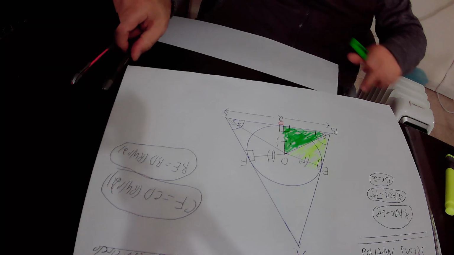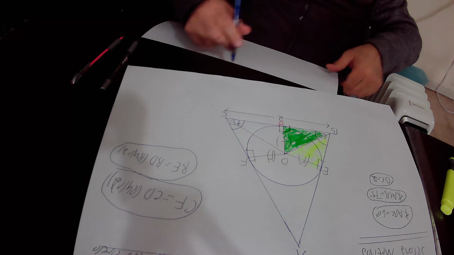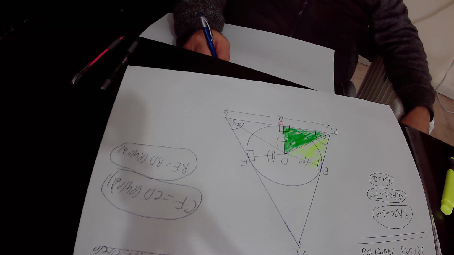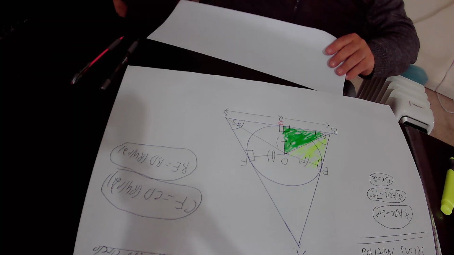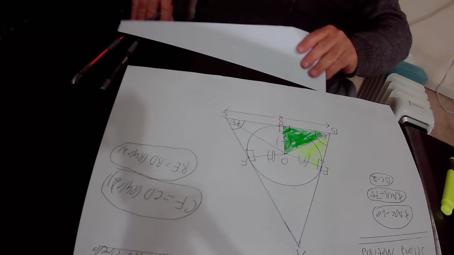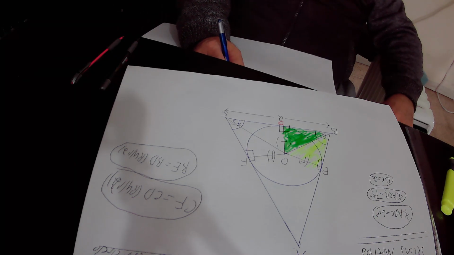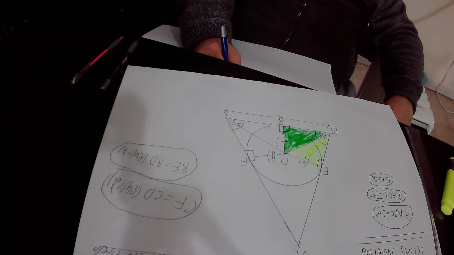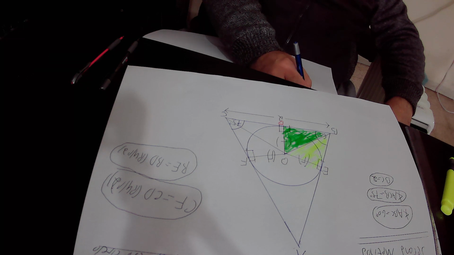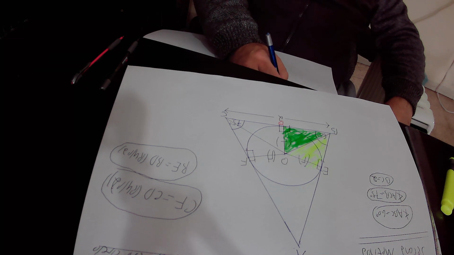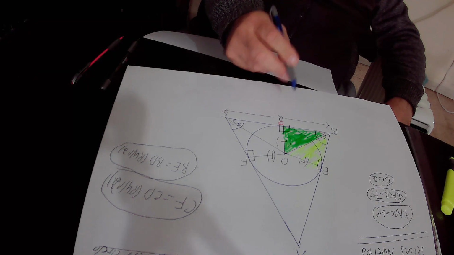We'll prove that the yellow right triangle EBO is congruent to the green right triangle ODB.